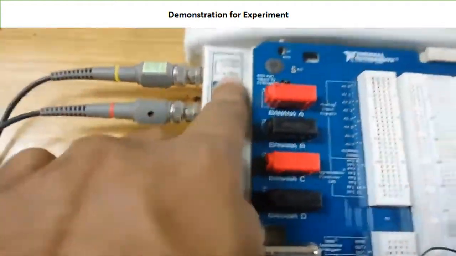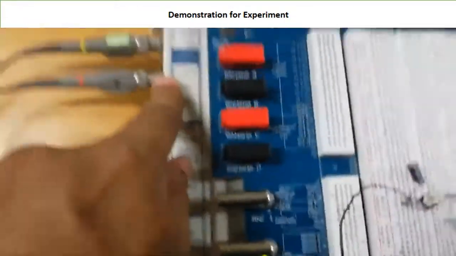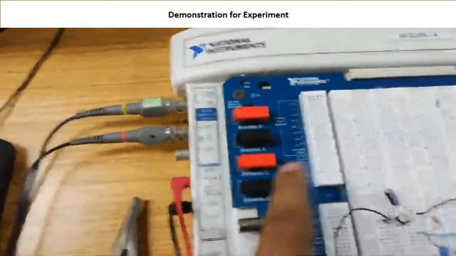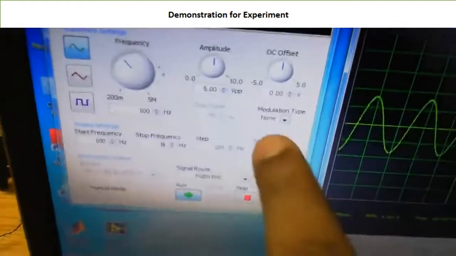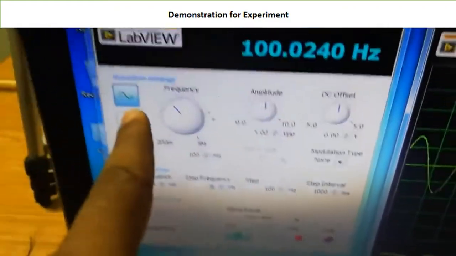You can see here is our input applied at 100 Hz frequency, that is of sinusoidal shape, and we have set our scale position at 1 volt and 5 milliseconds time per division setting.